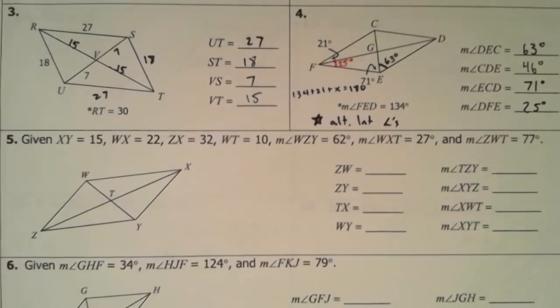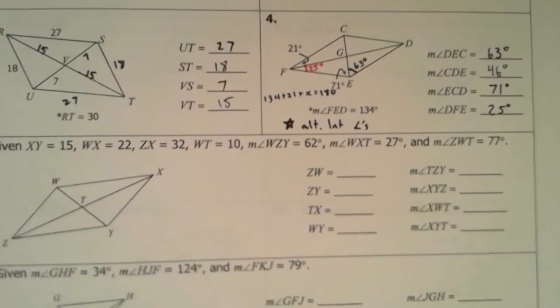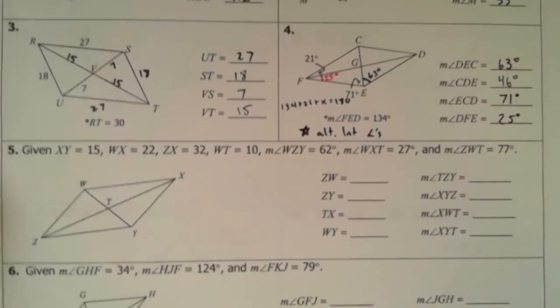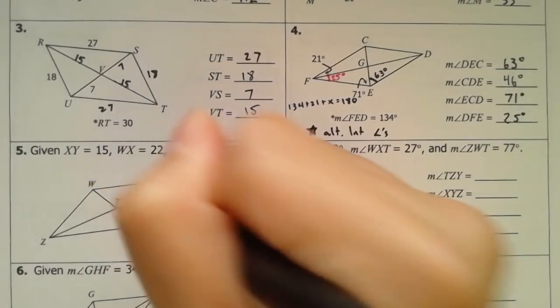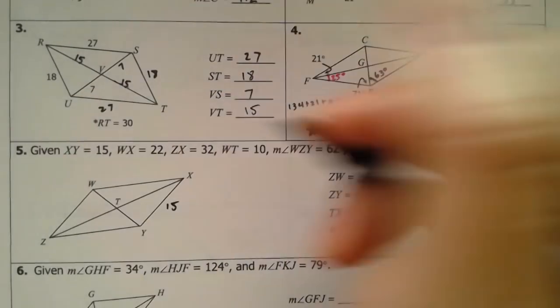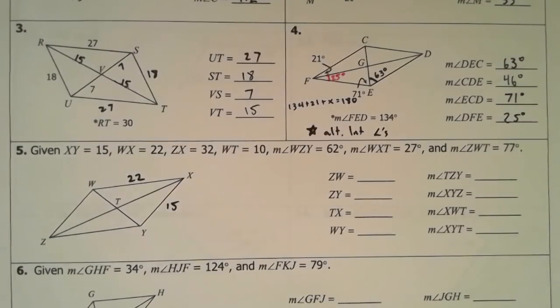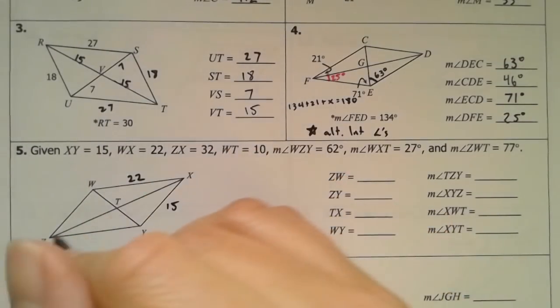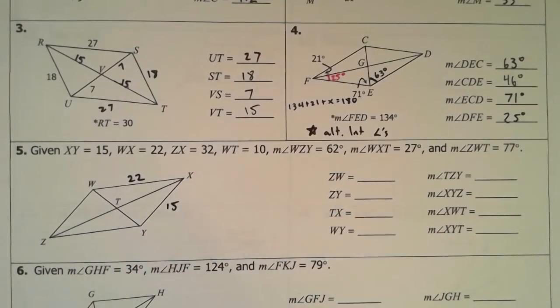Moving on to number 5 now. Let's see here. It says given XY is 15, so let's write that in to make things easier. XY is 15, WX is 22, ZX is, that's the diagonal here, the entire diagonal is 32.